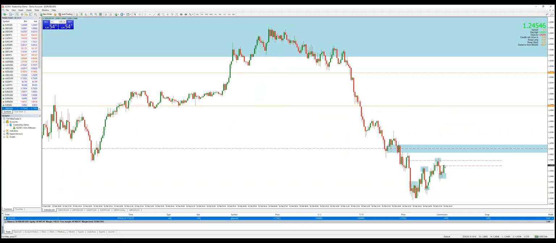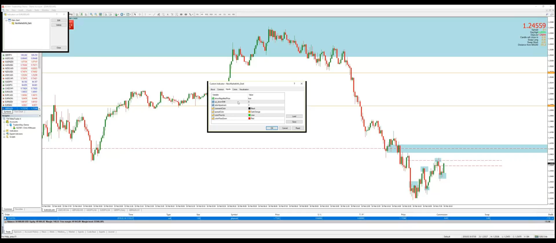So price is up here. We'll see if it closes. That's a terrible color right there on that indicator. Color price up. Let's just make this black.